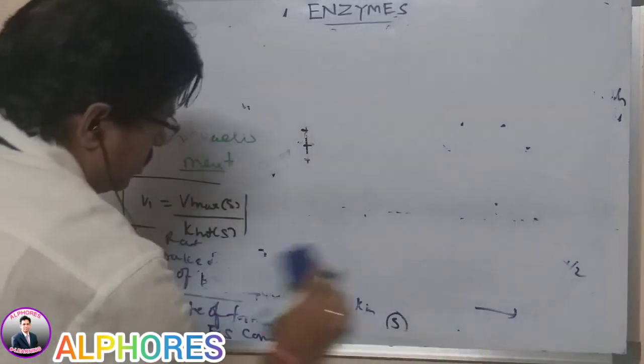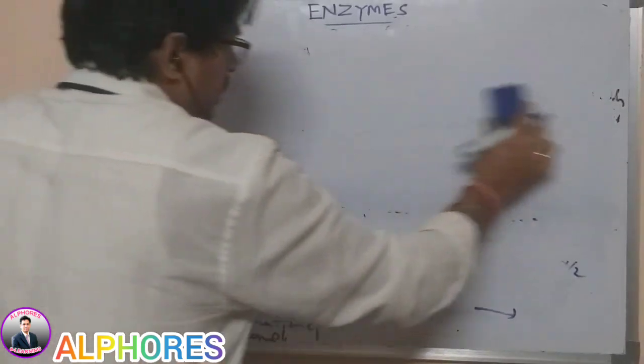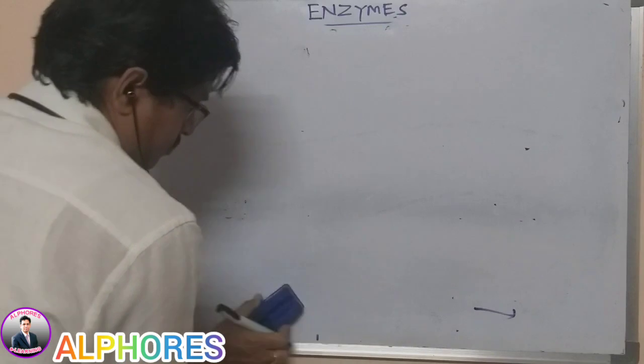Enzyme inhibitor. The action of the enzymes becomes slowed down.